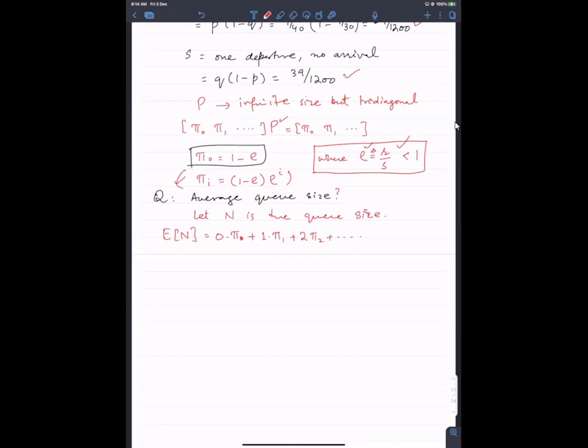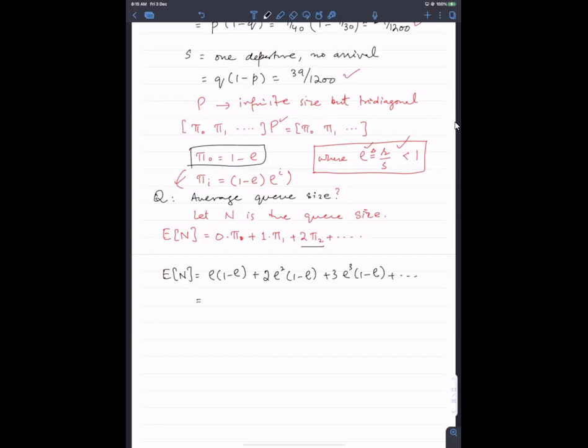Okay. So the expected value of n would be equal to 0 times pi naught, plus 1 times pi 1, which is rho times 1 minus rho, plus 2 times pi 2, which is rho squared times 1 minus rho, plus 3 rho cubed times 1 minus rho, plus so on.